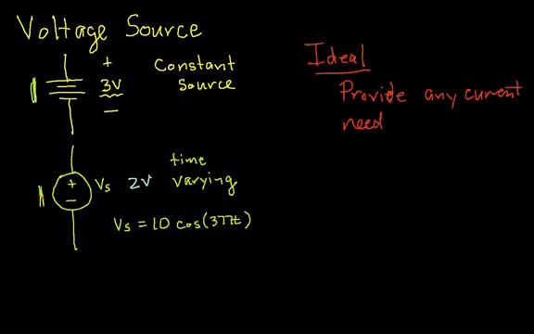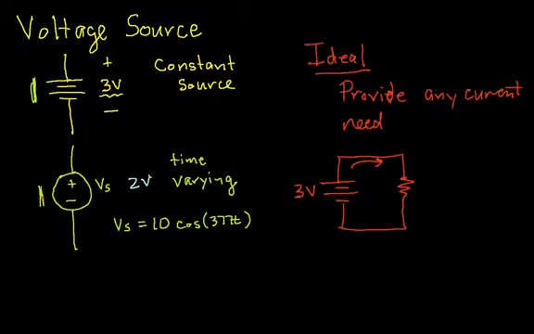And the idea is that, for example, if I go back to our light bulb example that we've used in previous videos, and suppose I have a 3 volt source here and I have a light bulb. This 3 volt source will provide whatever current is needed to this light bulb to make sure that the voltage stays at 3 volts.